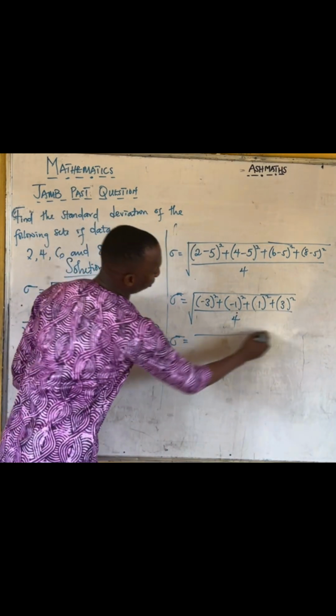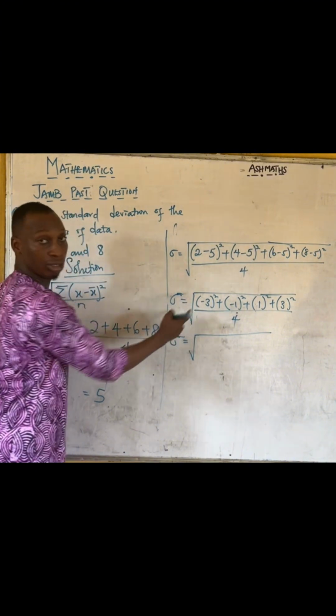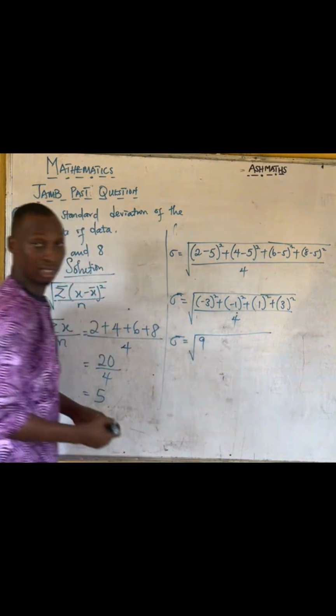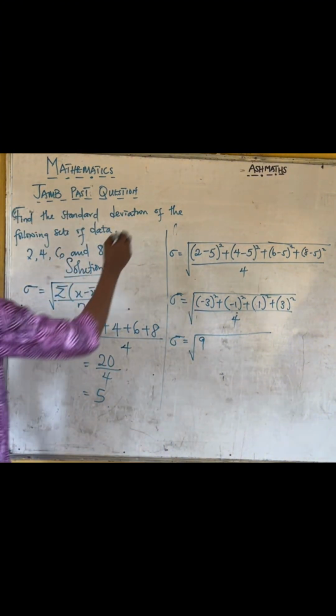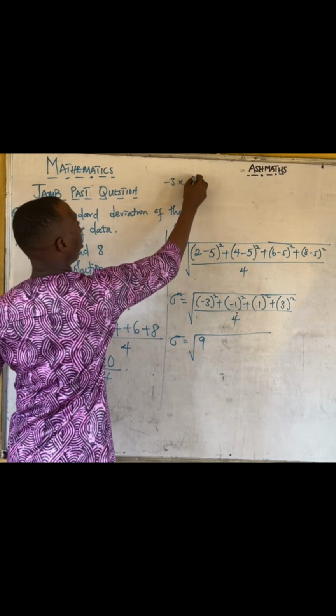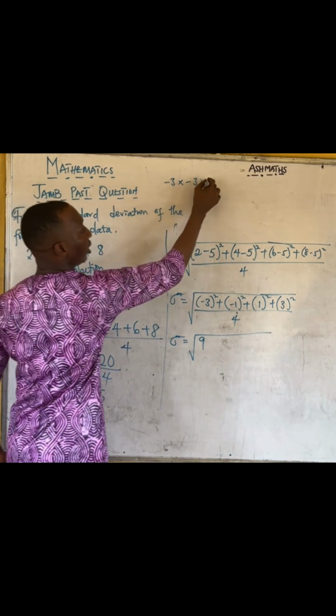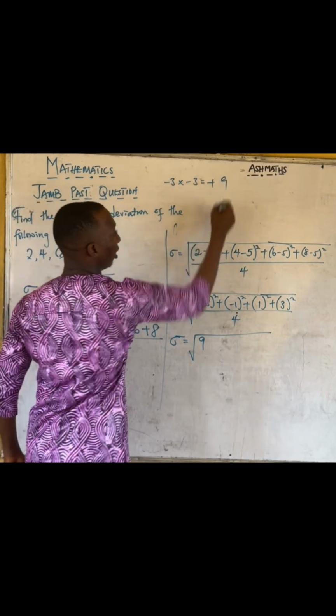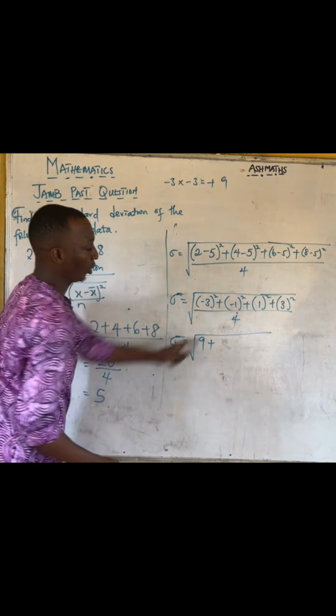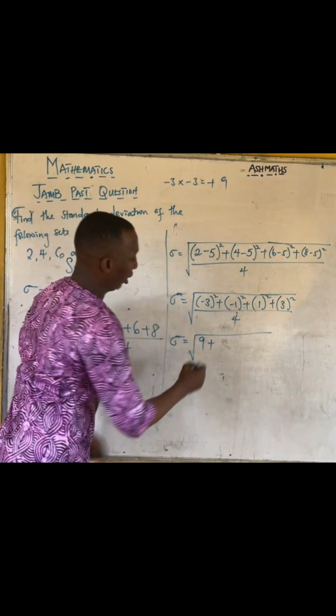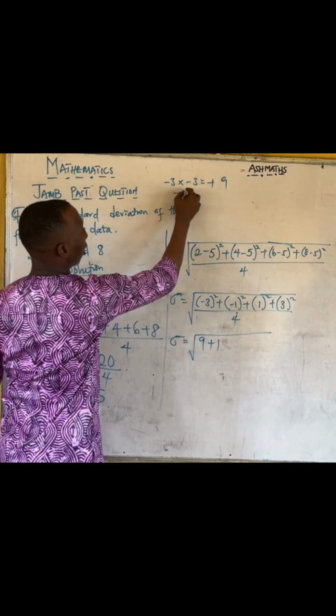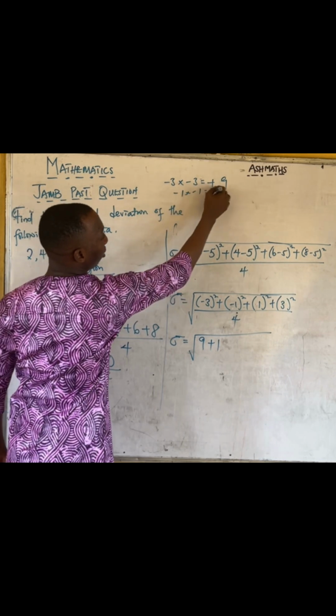And that gives you minus 3 squared, which is minus 3 times minus 3. Minus times minus is plus, 3 times 3 is 9. Plus minus 1 squared is 1: minus 1 times minus 1, minus times minus is plus.